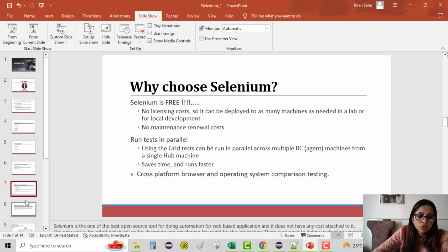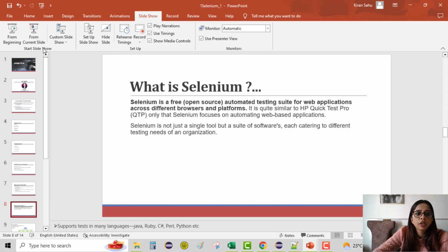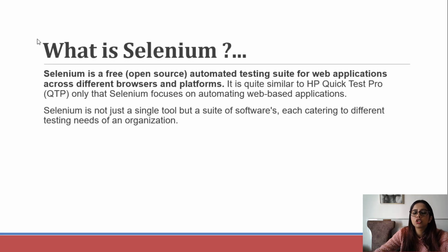So Selenium is an open source tool which is used to automate web applications majorly. Selenium is not used for desktop applications. It is used for web applications. It can be used to code or automate using multiple languages.